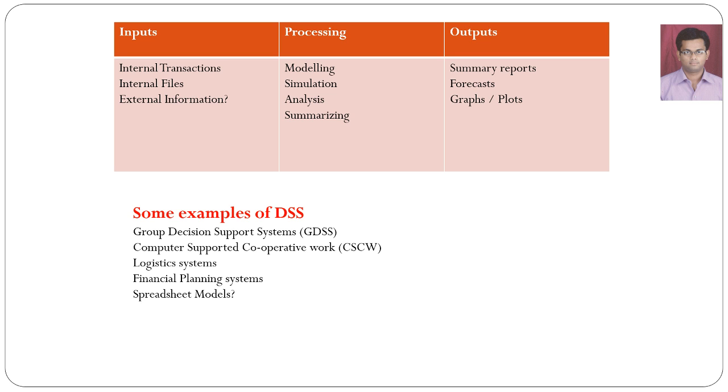The typical outputs are summary reports, forecasts and graphs, as well as plots. Examples of decision support systems are group decision support systems, computer supported cooperative work CSCW, logistics systems, financial planning systems, and spreadsheet models.